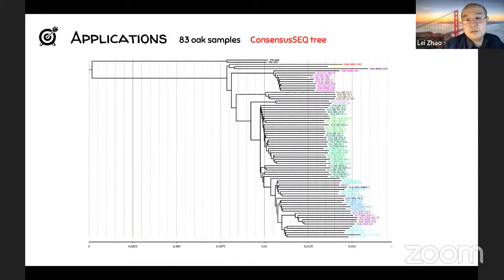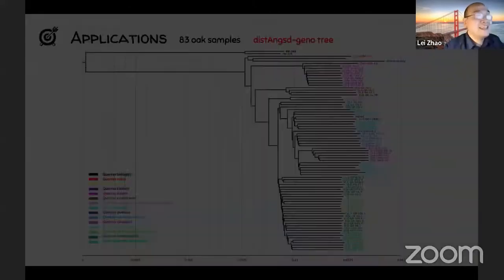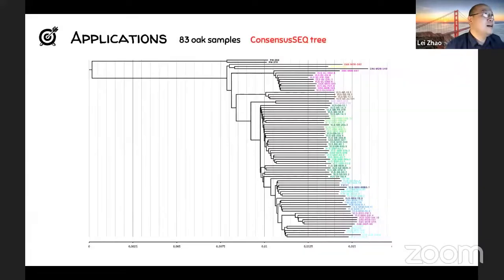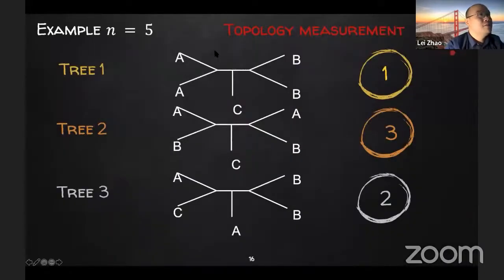And if you just look at this, if I say that our method is better, maybe I cannot convince all of you. So we introduce a way to measure the goodness of a tree to classify this kind of known species knowledge.